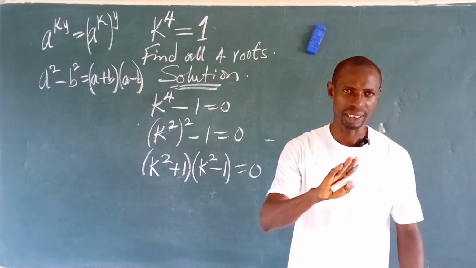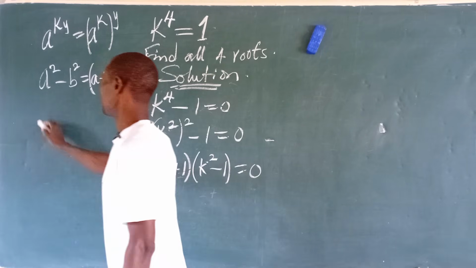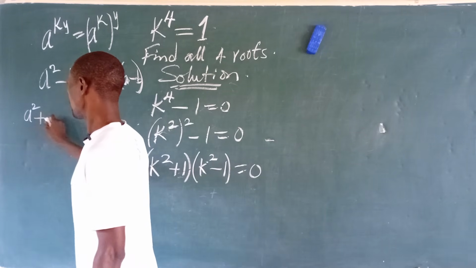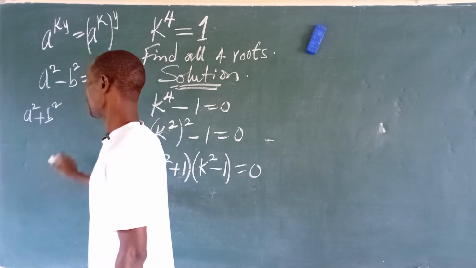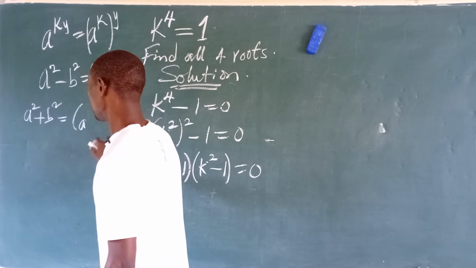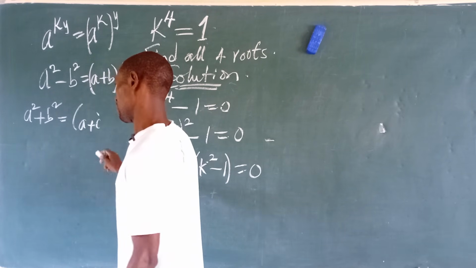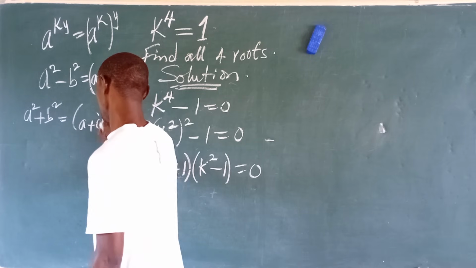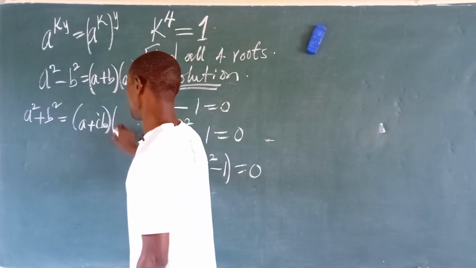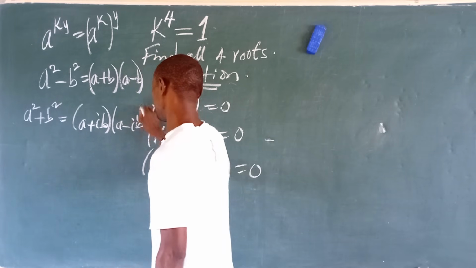But what does the law of sum of 2 squares say? It says that if you have a to the power of 2 plus b to the power of 2, this is equal to bracket a plus iota times b, that is b iota, then bracket a minus iota b.